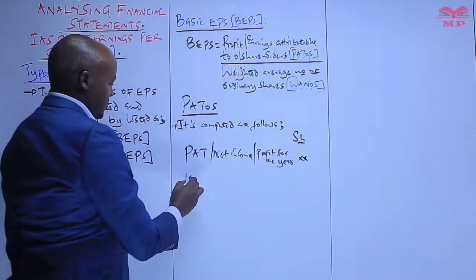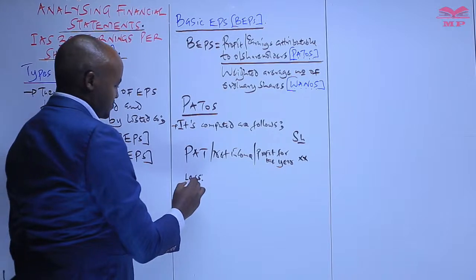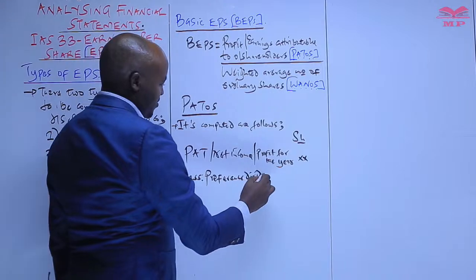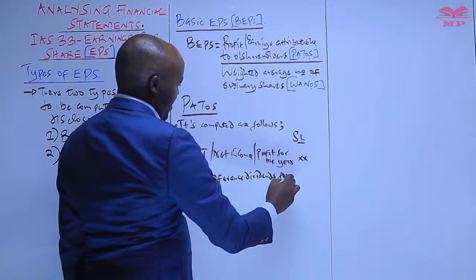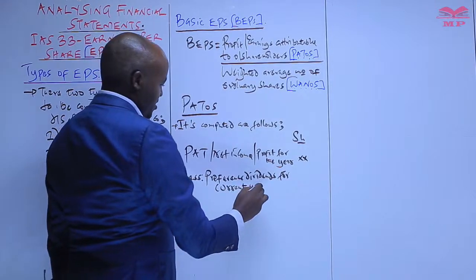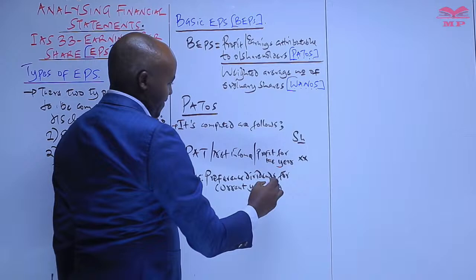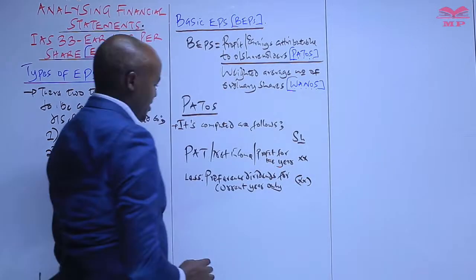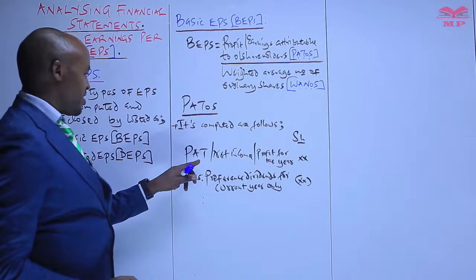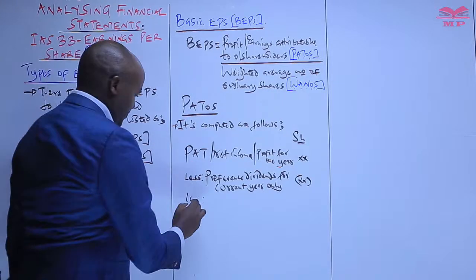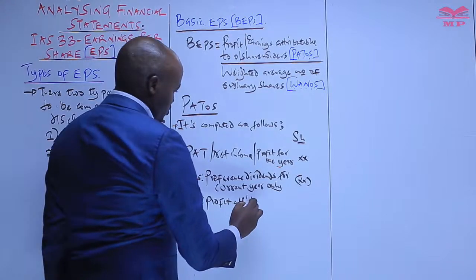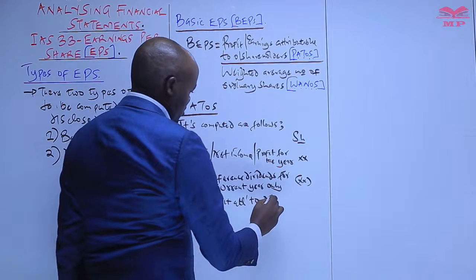To this, we less the preference dividends. We less the preference dividend for the current year only. And then when computing the earnings per share for a group of companies, to this particular profit for the year, we also less the profit attributable to non-controlling interest.